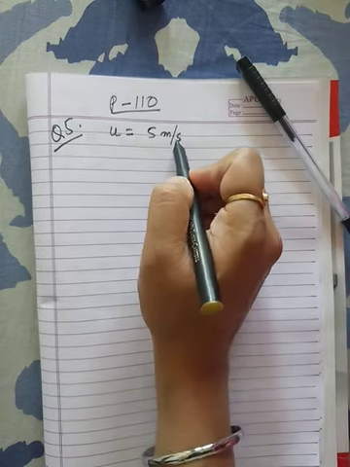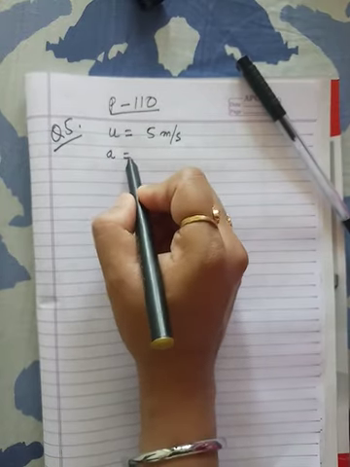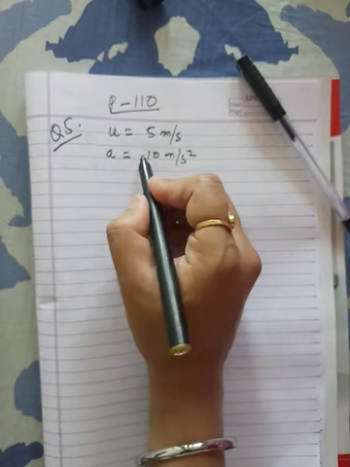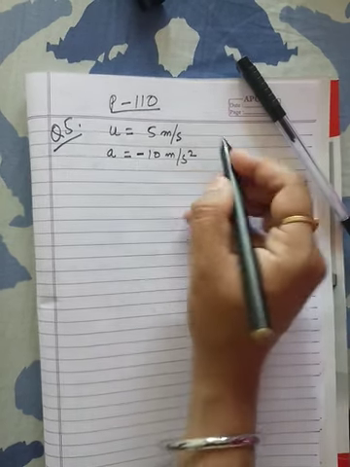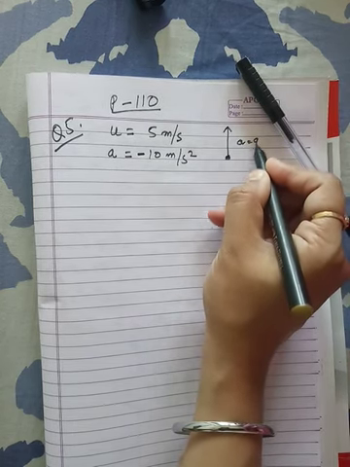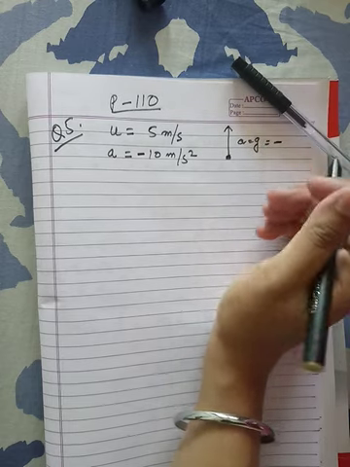The acceleration is considered as 10 meter per second square. Acceleration is negative because the stone is thrown upward, so acceleration is g, which is always a negative value.